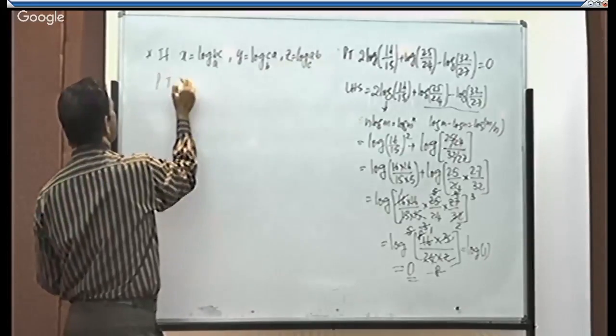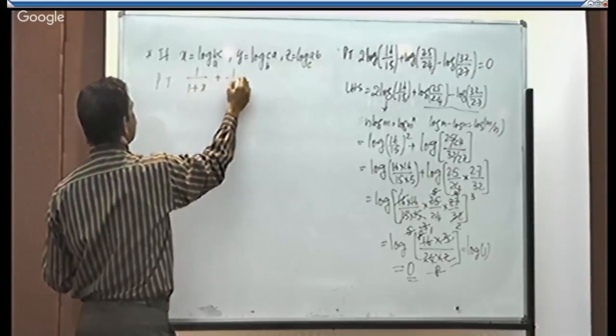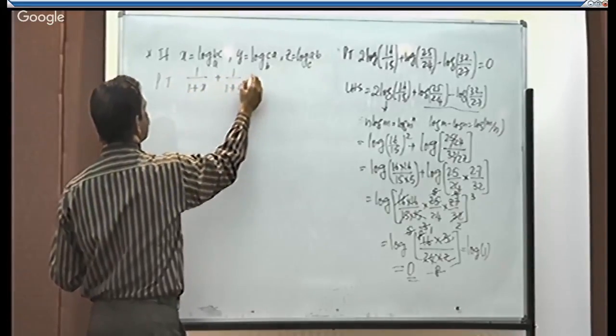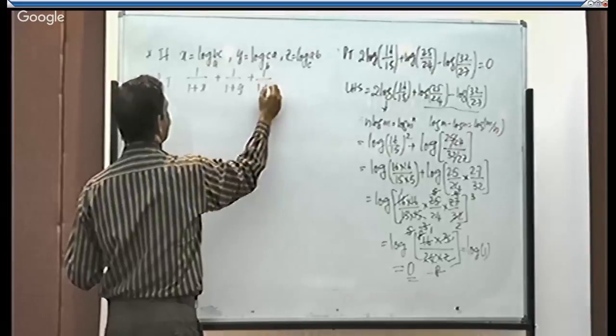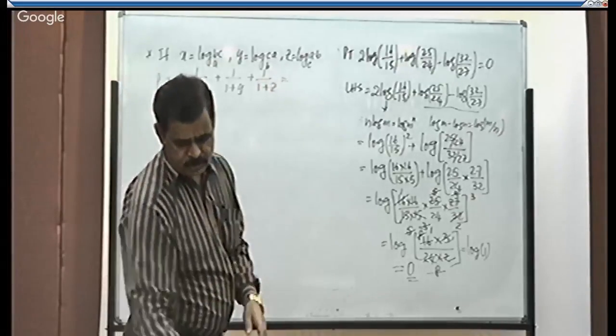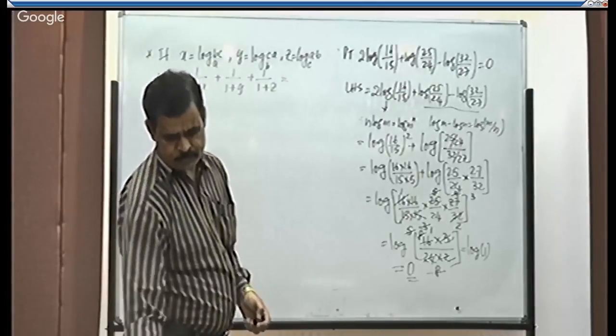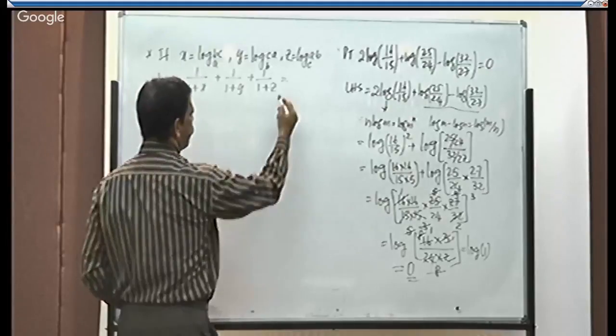With this, prove that 1 divided by 1 plus x plus 1 divided by 1 plus y plus 1 divided by 1 plus z is equal to one.